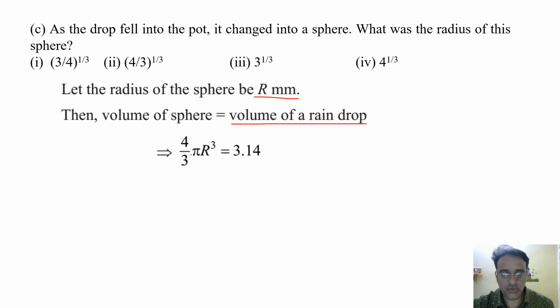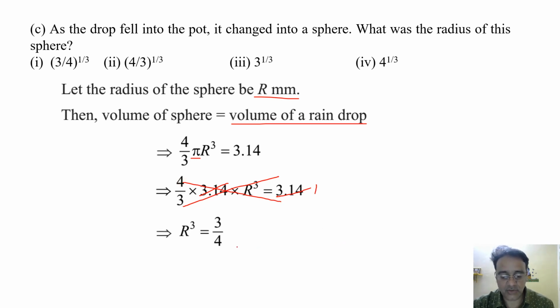The value of pi is also 3.14. So we'll substitute and this will be cancelled. We will get R cube equal to 3/4, right? So R will be equal to the cube root of 3/4, that is 3/4 to the power 1/3. So the first option is the correct one.